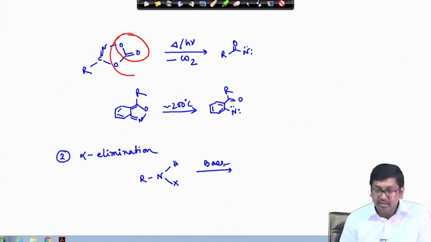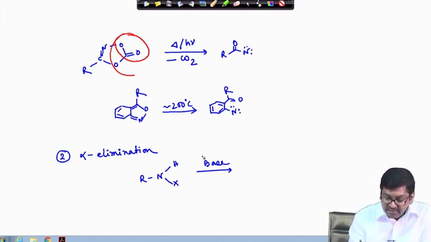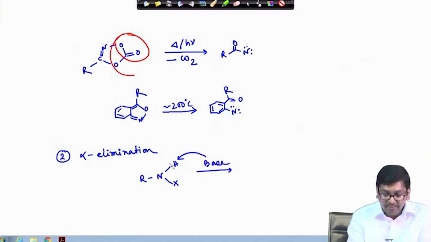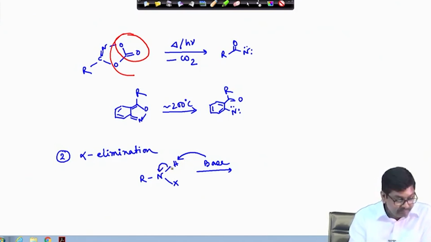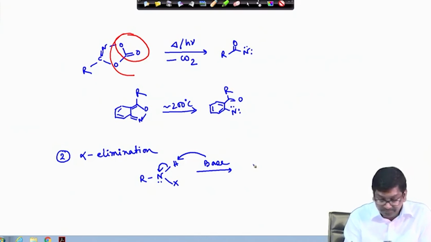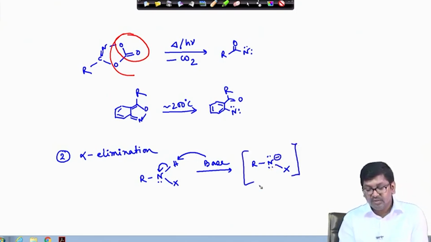Here it could be halides, it could be other leaving groups also. So, in presence of base, if that will pick up this, then obviously, okay.